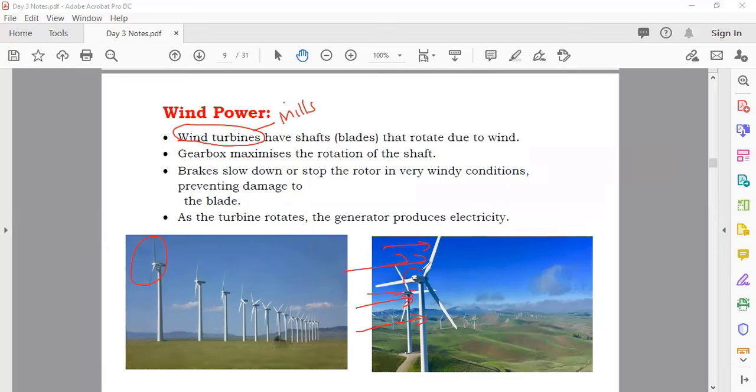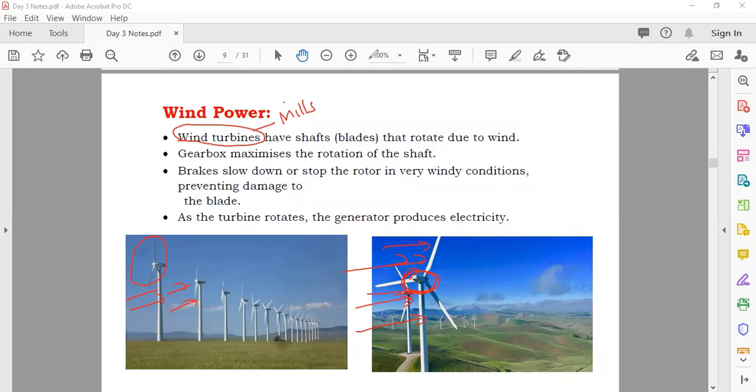And when they move, in this box they have the generator which starts to move and produce electricity. But again, they are used only in areas where you have strong winds 24 hours. Every part of the world is not suitable for them. We will see also this one.